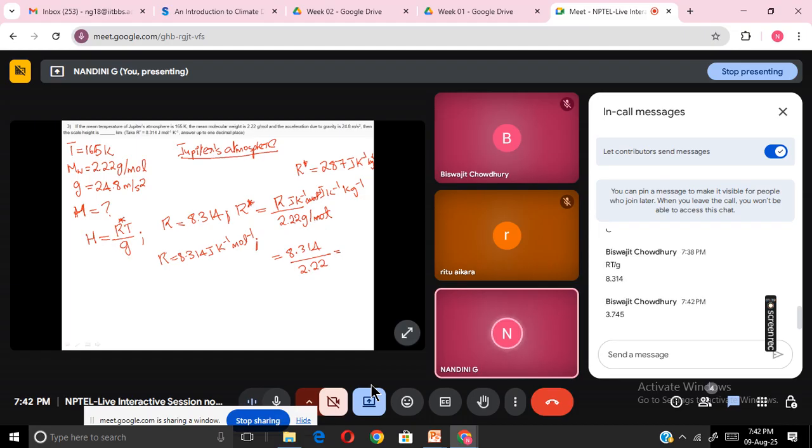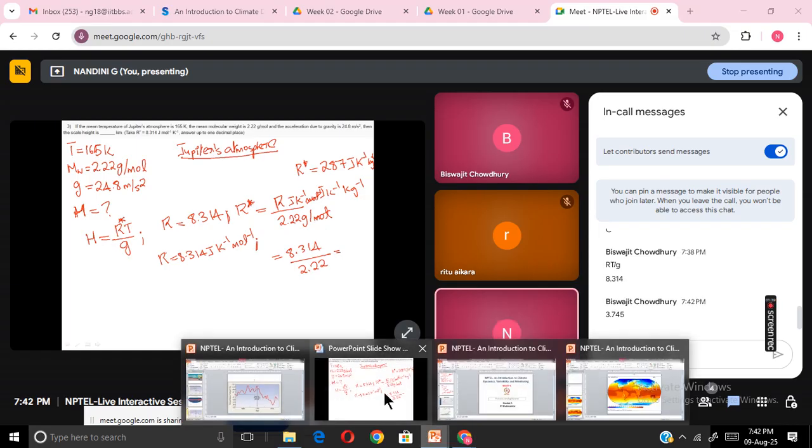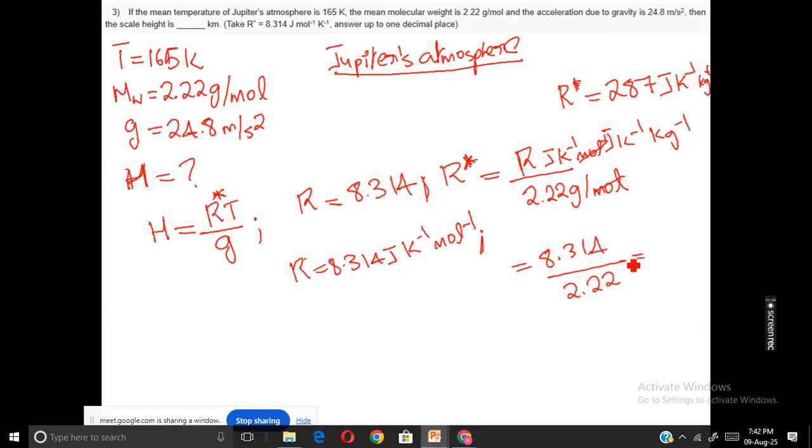Yeah. So in the case of Jupiter, the value will be 3.745 joule Kelvin inverse gram inverse.